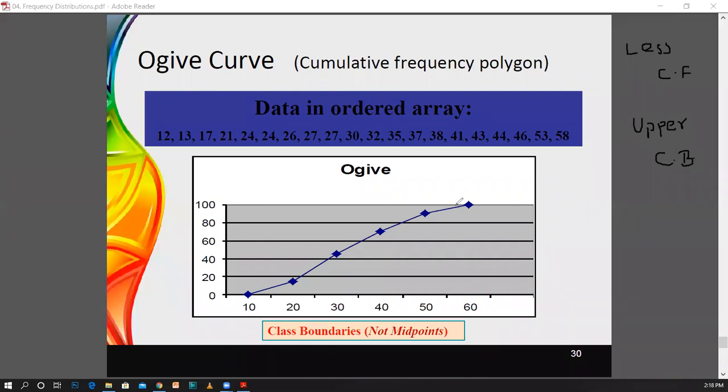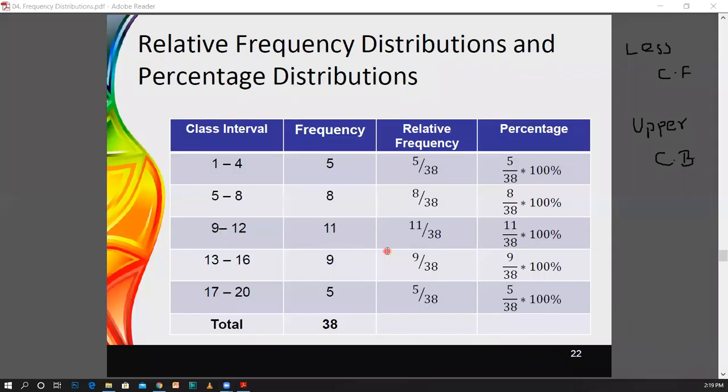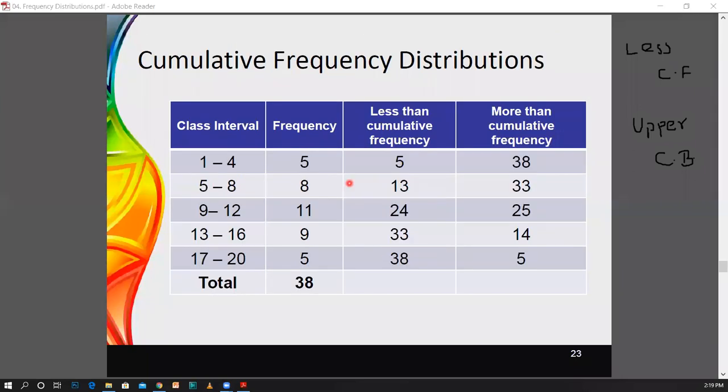As an example, if you go back to the data set that we have dealt with, it is the data set that we are having here. Now, I will construct this here. In the y-axis, we will have the cumulative frequencies. In the x-axis, we will have the class boundaries. Here I am using the upper class boundaries.